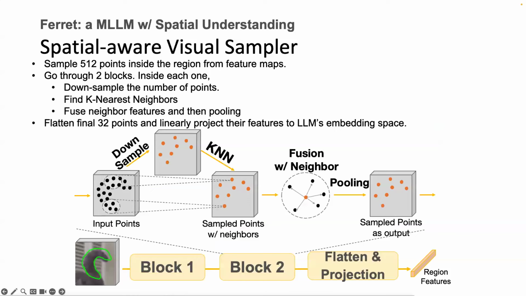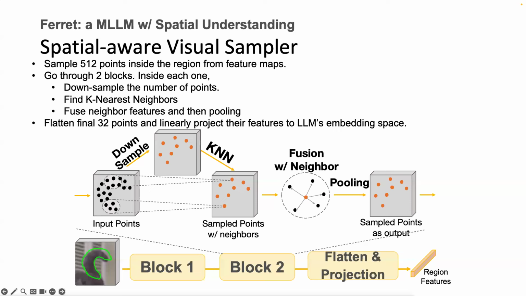I will introduce a bit of detail about how our spatial aware visual sampler is constructed. We use something very similar to PointNet. We first sample 512 points inside the region from the feature maps coming from the CLIP features. Then we go through two blocks one by one.